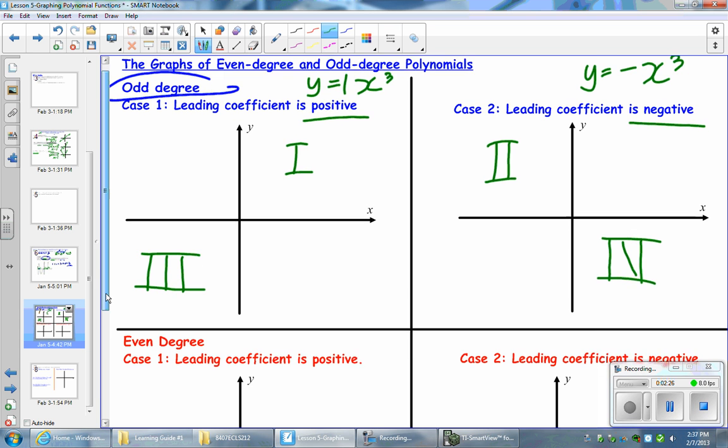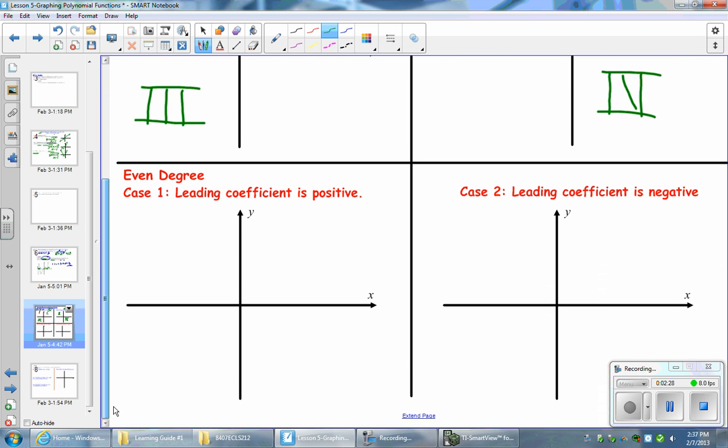Now let's move on to when the degree of a function is even. We're going to take a look at two scenarios. The first scenario is where the leading coefficient is positive. So pick a function where the degree is even and the leading coefficient is positive. Let's work with x to the power of 2, since 2 is even, and we'll stick with the leading coefficient of positive 1.